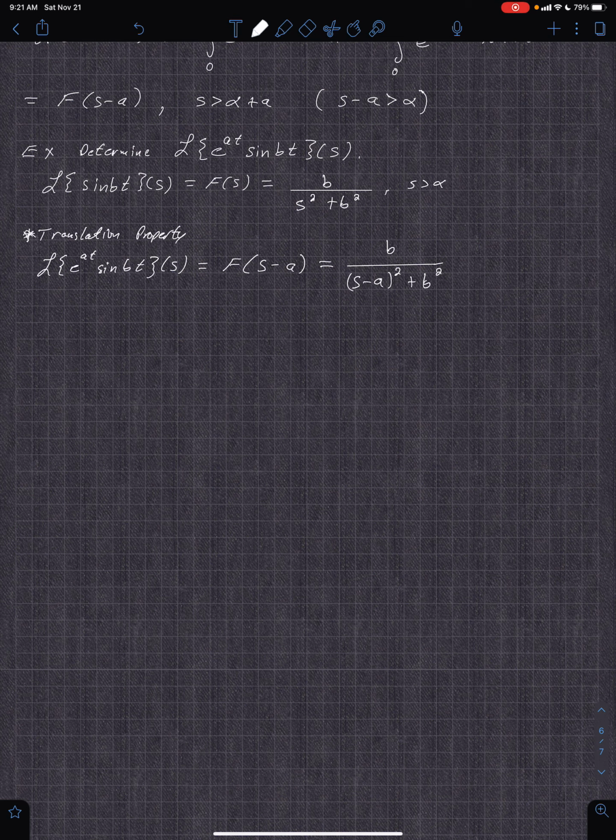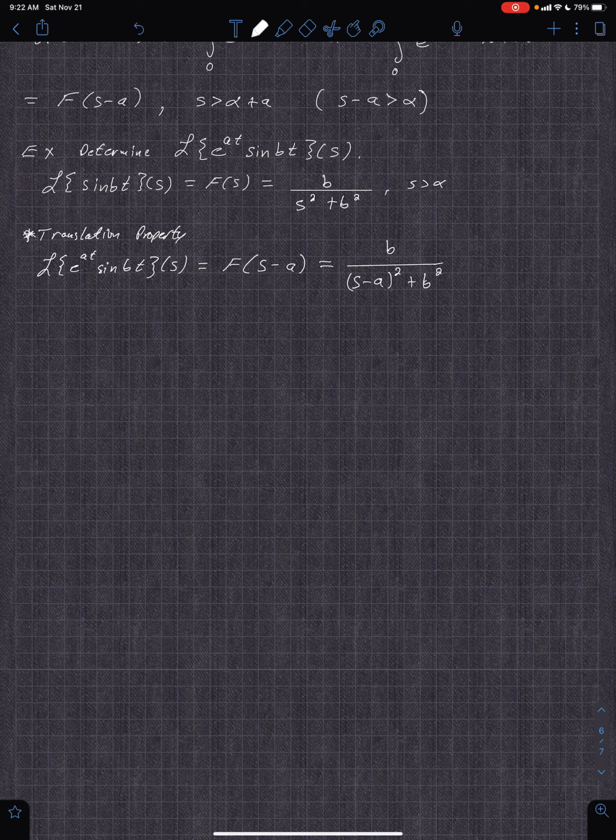Okay, let's continue. Next is theorem 4. Let's see which one's that. So this is the f of t, this is f prime. When you look at the Laplace transform of f prime, what does that equal?